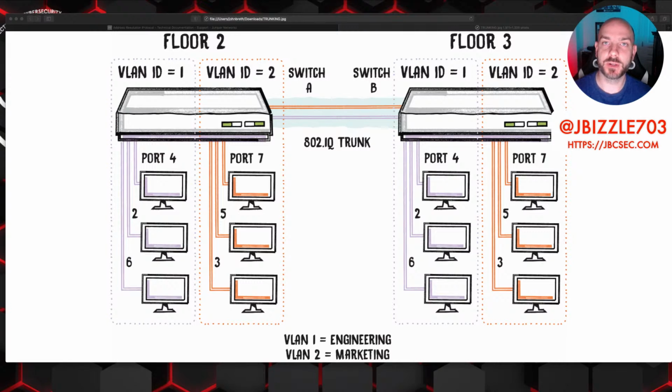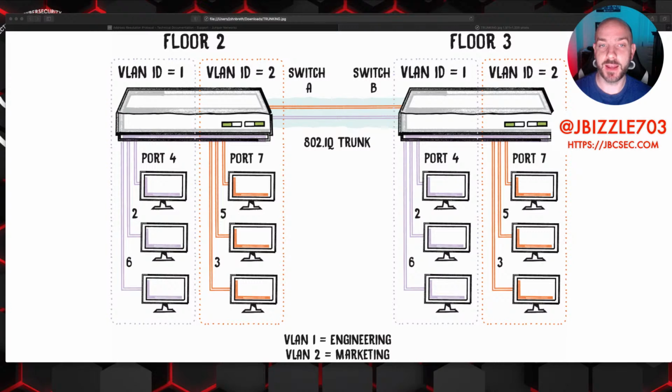Well, that was great, but it didn't necessarily scale all that well for larger environments, or if you wanted to have any type of segmentation for security purposes. So the ability to create what we call VLANs, or virtual LANs, was developed, and what this does is allow us to create multiple virtual broadcast domains on an individual device.